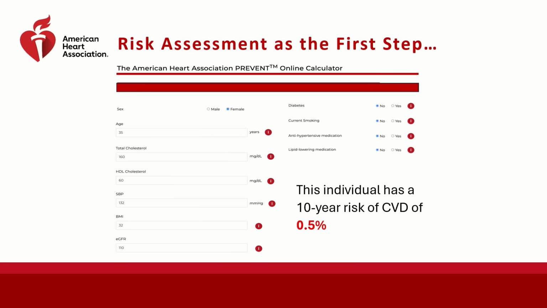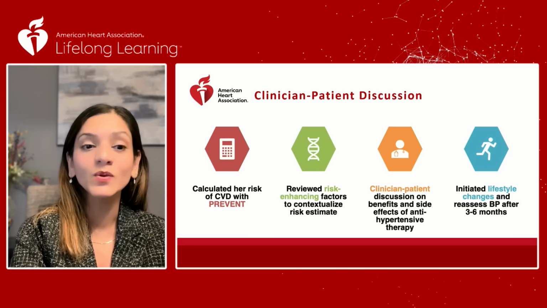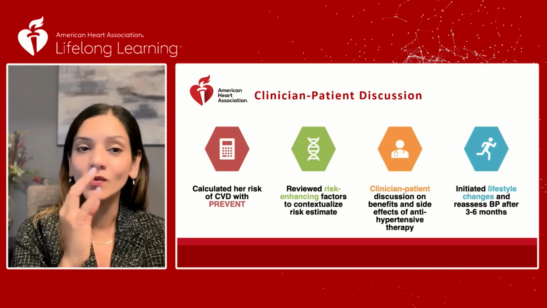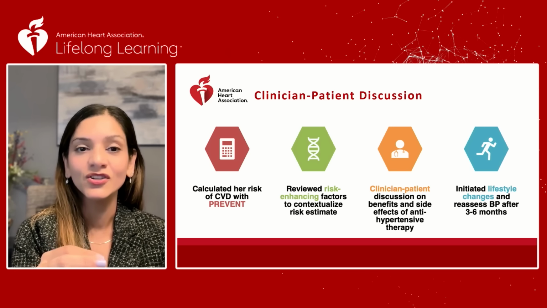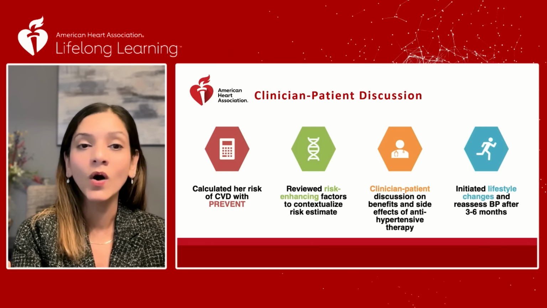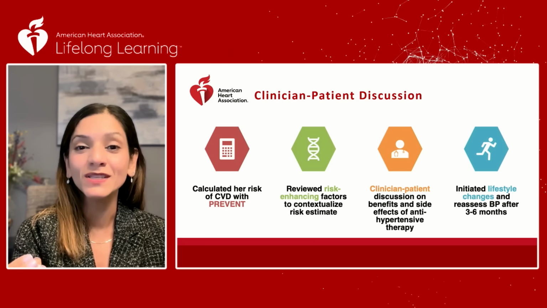So when we compare that to the first patient, there are several factors that are contributing to this, but it really sets up a different conversation and discussion. As we go through those same steps in terms of the risk of CVD, reviewing risk-enhancing factors, and talking about what may be benefits of therapy, the benefits are going to be lower here because the absolute risk is lower.